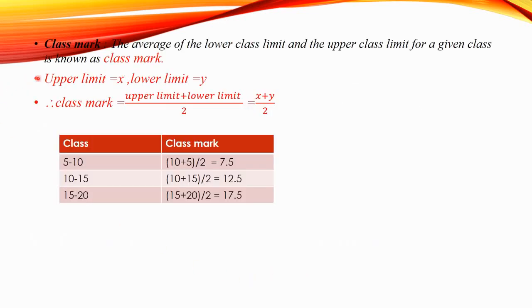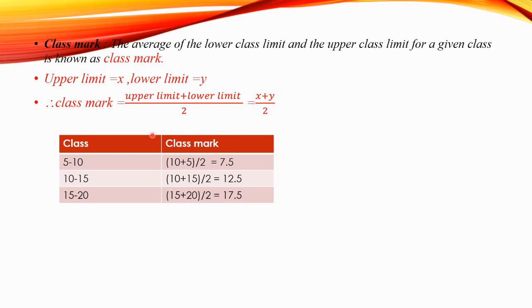What is class mark? The average of the lower class limit and the upper class limit for a given class is known as class mark. Here, let the upper limit be x and the lower limit be y. Therefore, class mark is equal to upper class limit plus lower class limit upon 2, which is equal to x plus y upon 2.